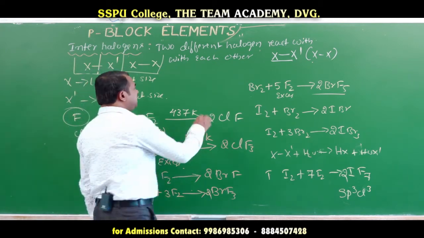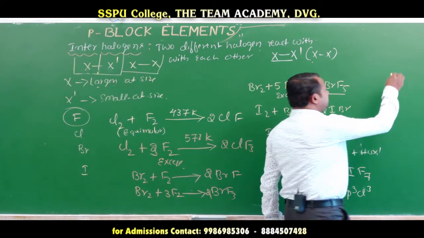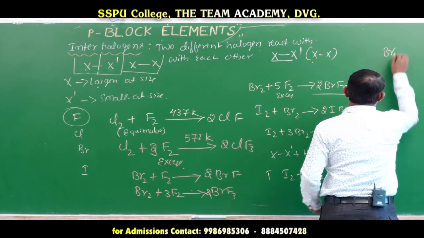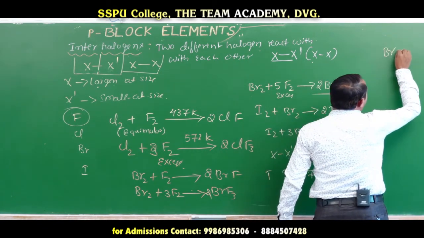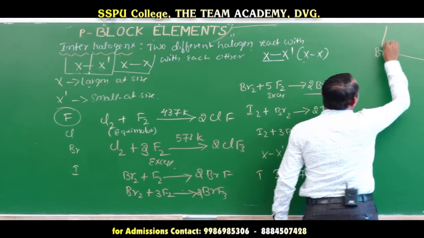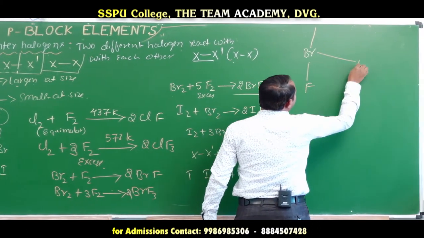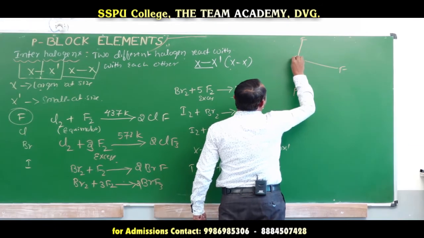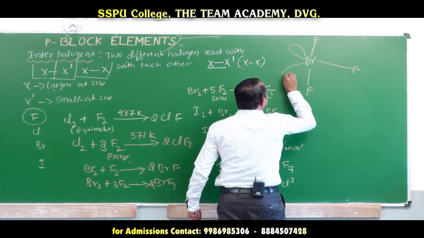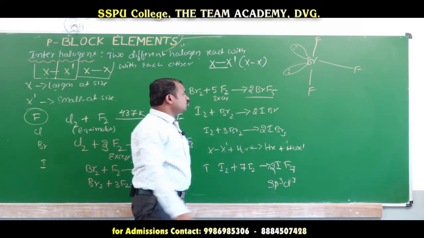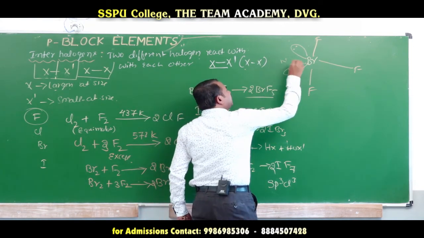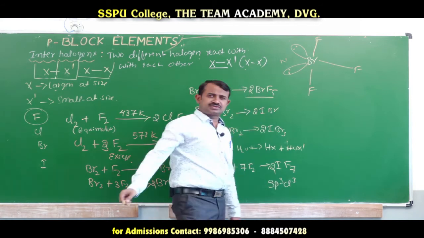Sometimes it is BrF3. Coming to BrF3, where bromine has fluorine atoms and 2 lone pairs of electrons. The 2 lone pairs are non-bonding electrons, and these are bonding electrons.